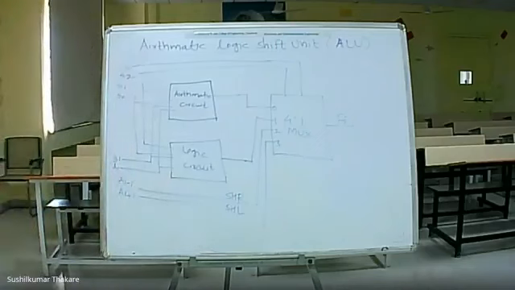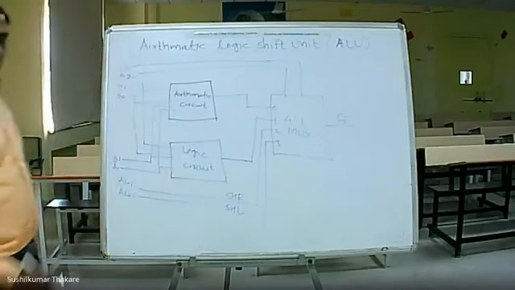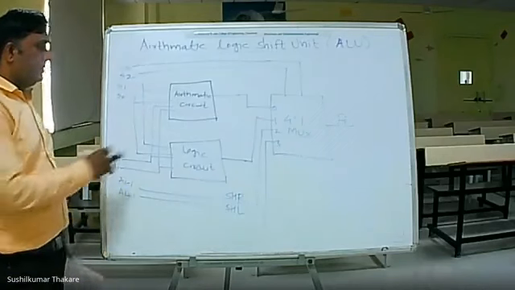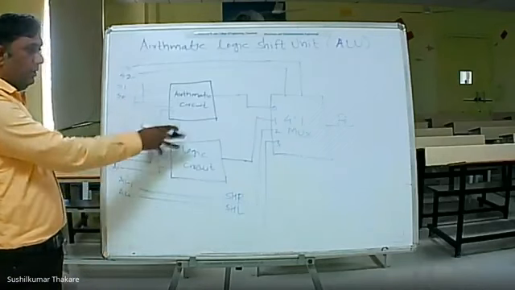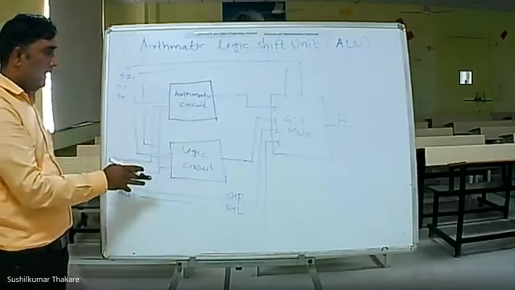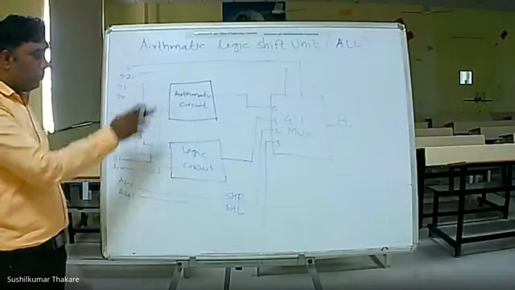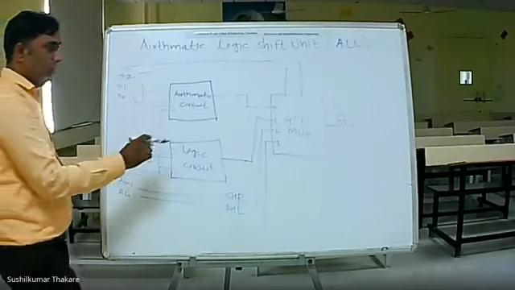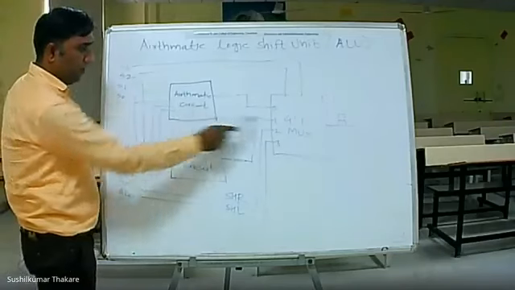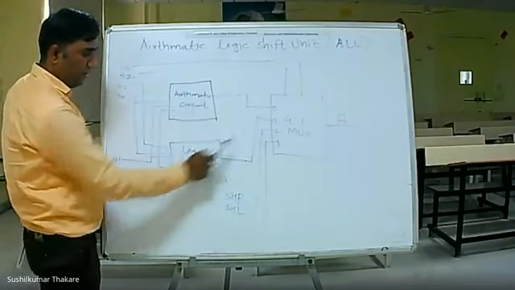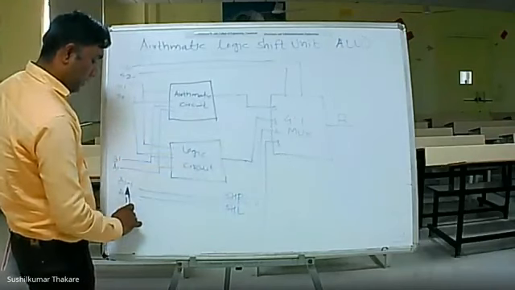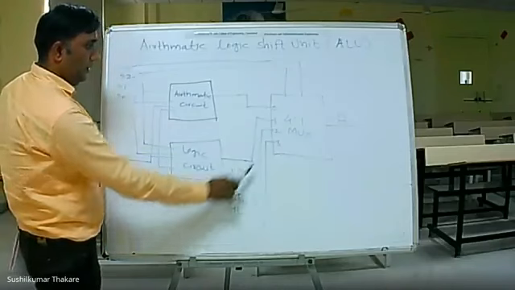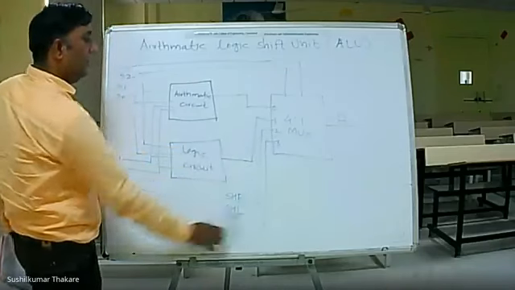This is the complete architecture of the arithmetic and logic shift unit. In this case, the arithmetic circuit and logic circuit use a 4:1 multiplexer. In a 4:1 multiplexer, how many inputs? There are four inputs. One input comes from the arithmetic circuit, one from the logic circuit, pin number 2 is from Ai minus 1, the shift right, and third is the shift left unit.